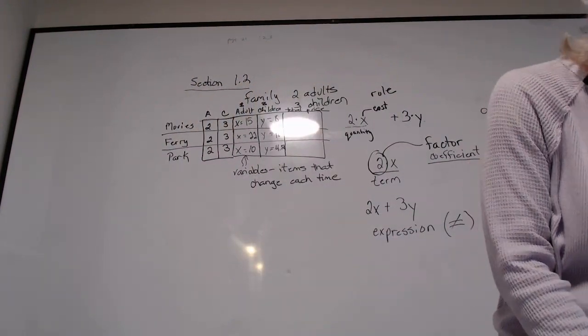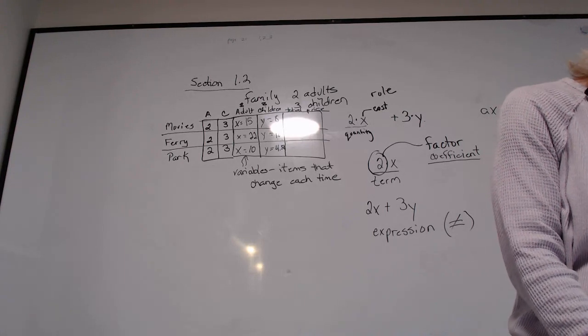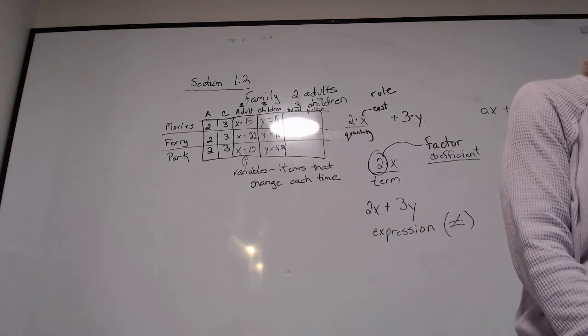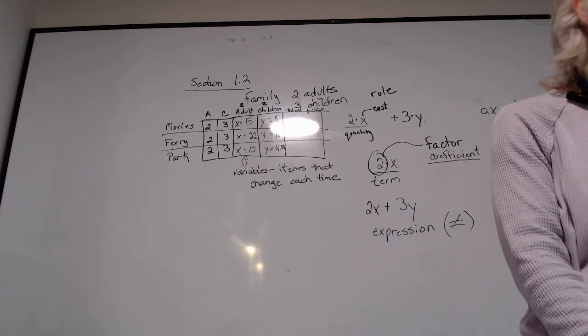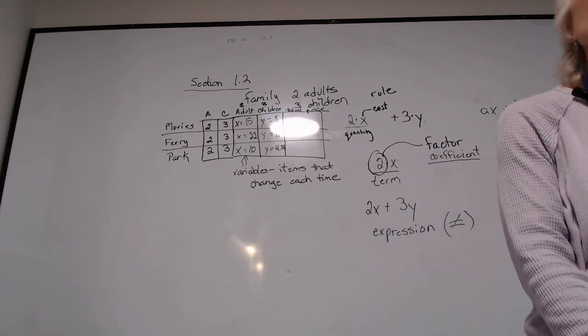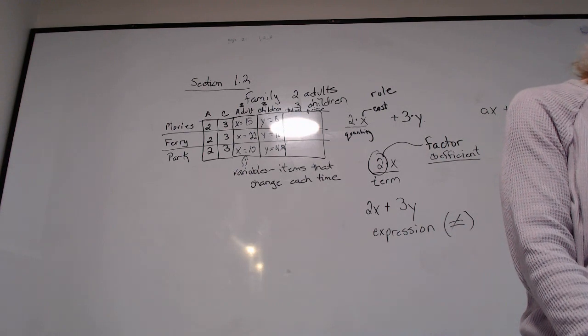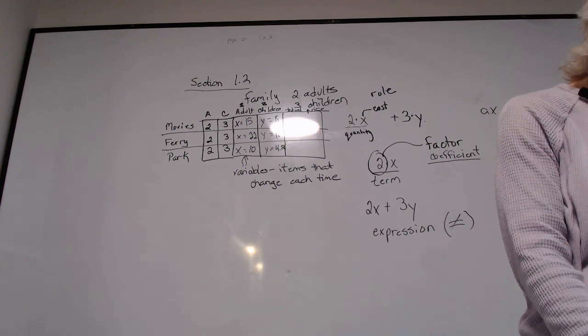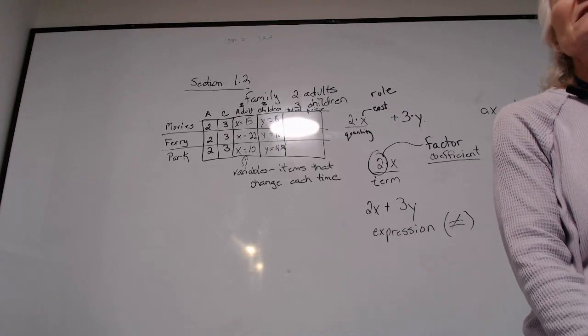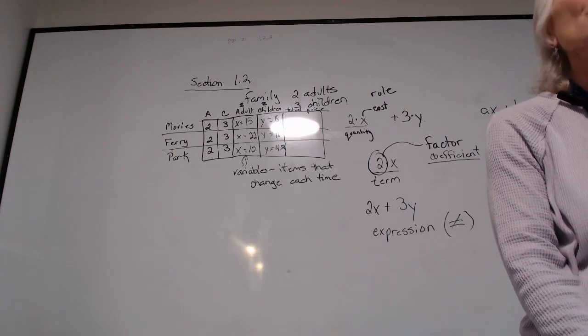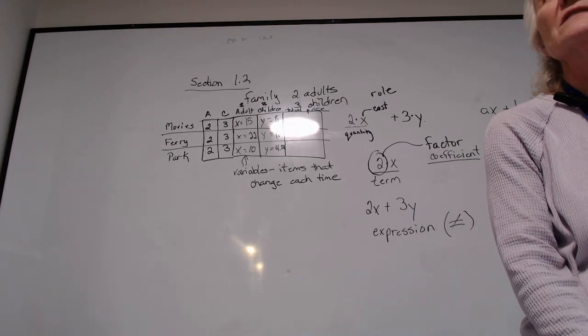I'm not going to go into the properties. The commutative property of addition is just saying it doesn't matter what order you add things, they always equal the same. And the commutative property of multiplication says if I multiply two numbers, you can multiply 3 times 4, or you can multiply 4 times 3 and you get the same answer.